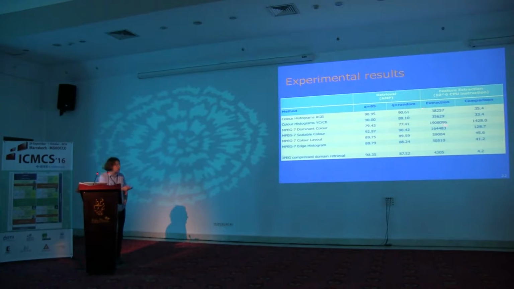But the really important part is this one here, coupled with the retrieval performance. We can see that we can perform feature extraction much, much faster compared to the other ones, because conventional techniques need to first decompress. So much of that time is taken up by decompressing the image in the first instance.